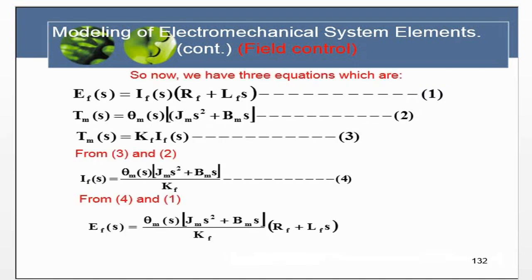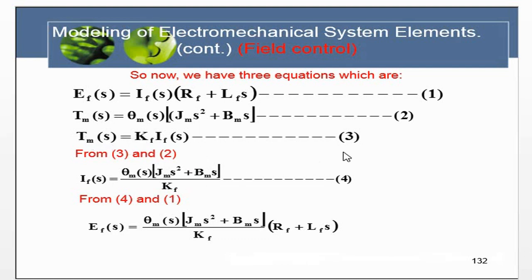Okay, now we have three equations. The first, equation 1, is the electrical part, the second, T_M, is the mechanical part, and the third is the relationship between electrical and mechanical.